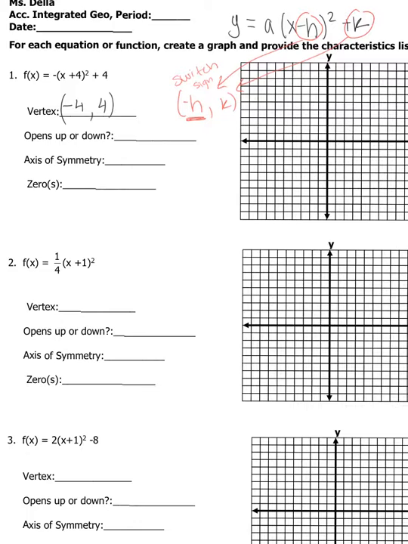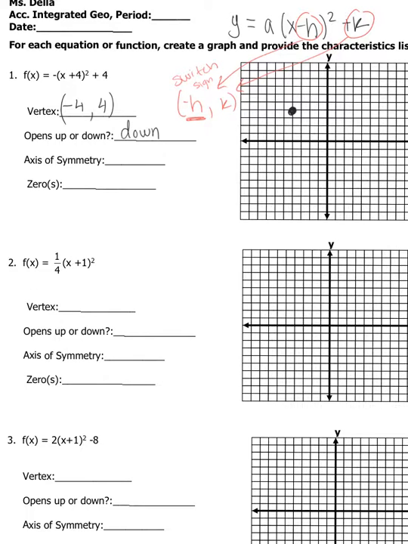If I'm at -4, +4, I'm right here on my graph. Now I'm ready to figure out where this parabola goes. I already have an idea that it's going to open down because I have a negative number out front. So this guy is going to open down, again, because the a value, or the number in front of the parenthesis, is negative.